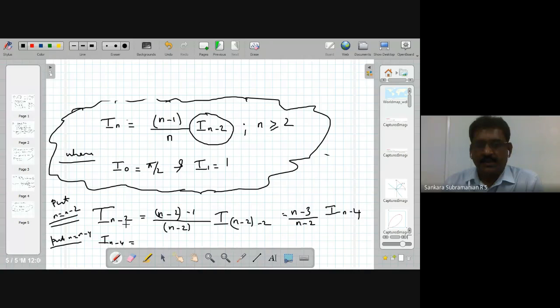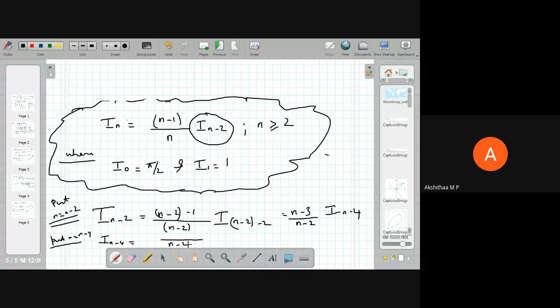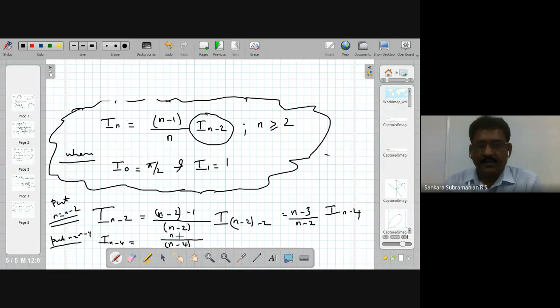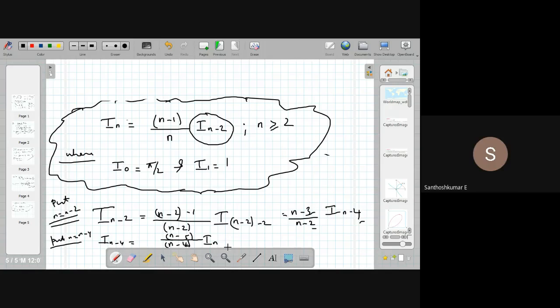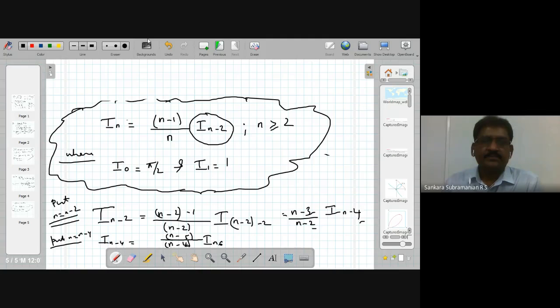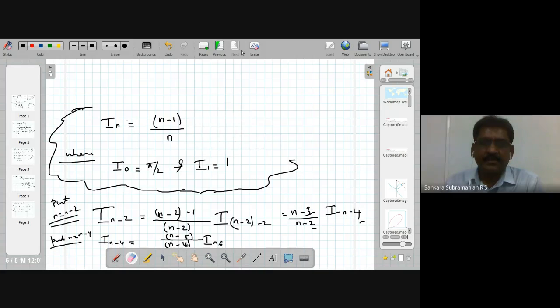இதை பார்த்து சொல்லுங்க. I n minus 2ன்னா அந்த n minus 2 கீழே வந்துருது, அந்த 2 plus 1 அது வந்து மேலே வந்துருது. அப்போ இங்க என்ன வரும்? n minus 4 கீழே, n minus 5 மேலே வந்துரும். இங்க 2 இருந்துச்சுன்னா இங்க 6. ஆமா 4 5 6. பேட்டர்னை பாருங்க, 2 3 4 வந்திருக்கு, அப்போ 4 5 6ன்னு வரும். இப்போ இந்த I n minus 2க்கு பதிலா நான் என்ன எழுதலாம் அப்படின்னா, I can write n minus 3 by n minus 2 into I n minus 4.